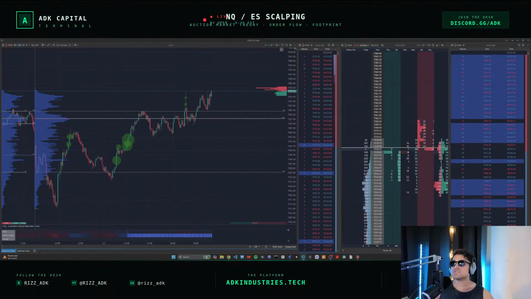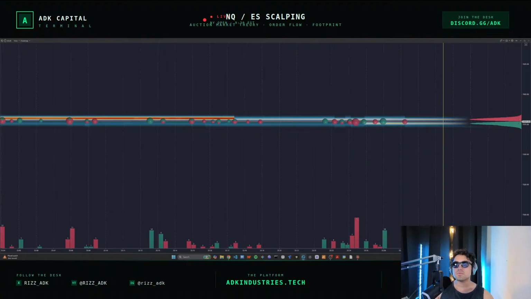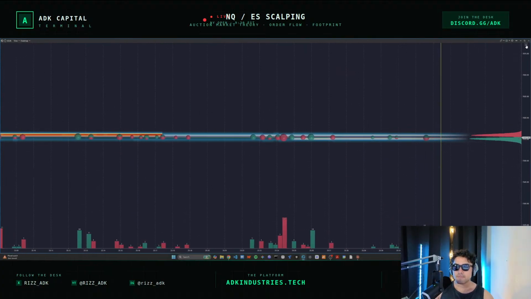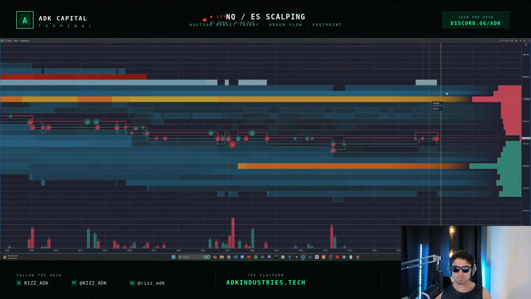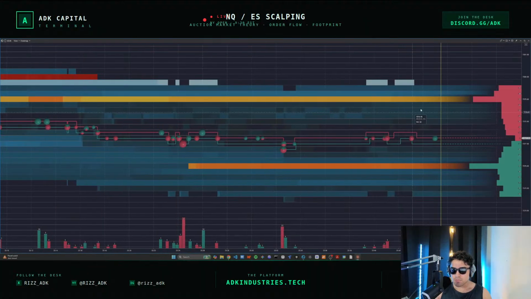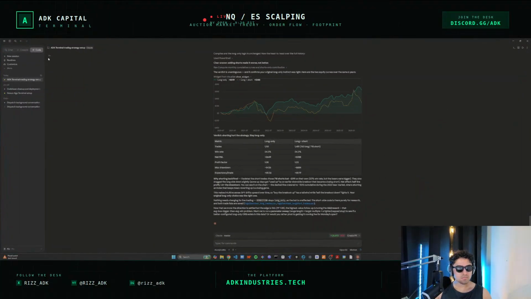Just by looking at these profiles and TPOs, we are backtesting using Claude and Alpaca.